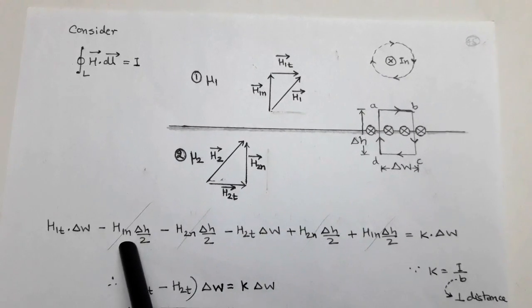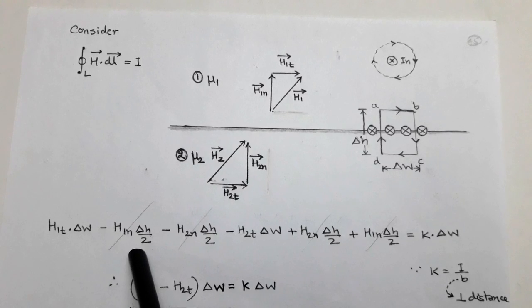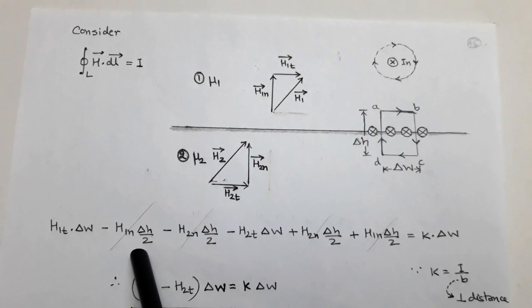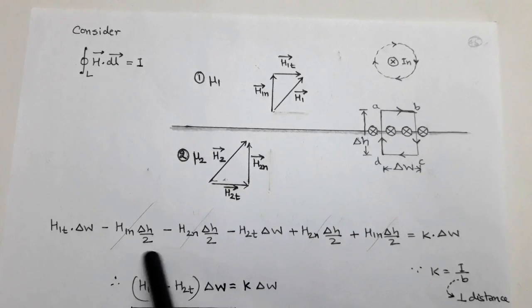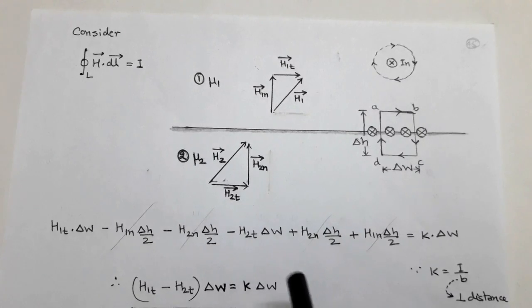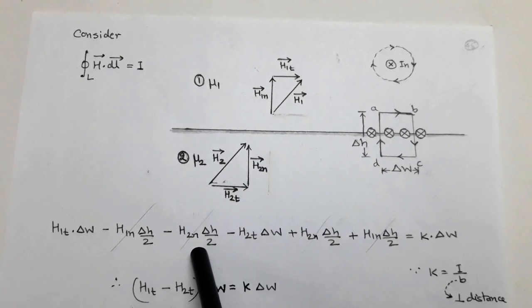So we get minus H1n delta H by 2. And the half path from B to C in region 2 is also opposite to the H2n vector. So we can write minus H2n into delta H by 2.